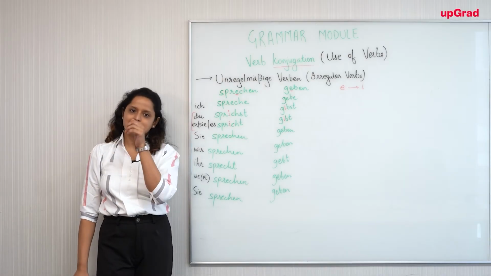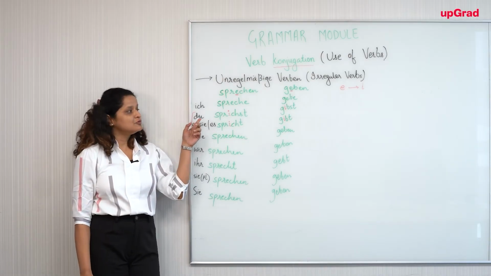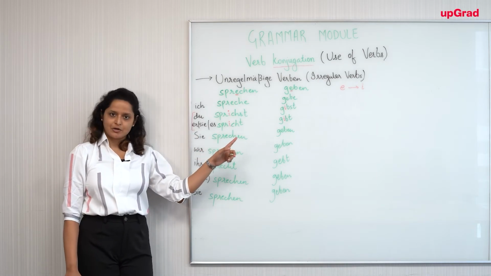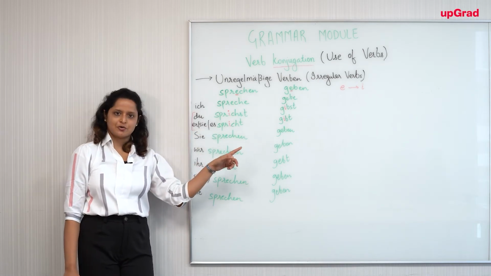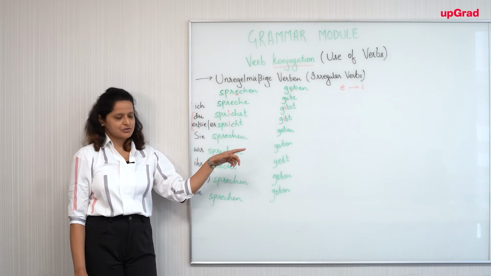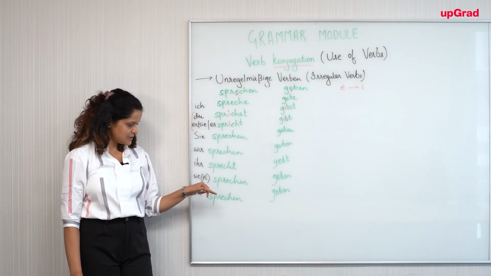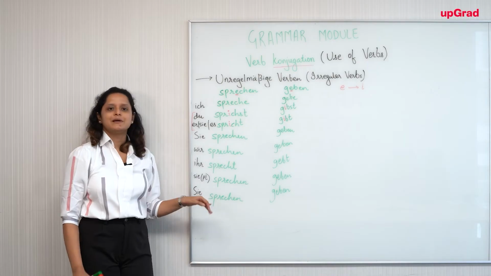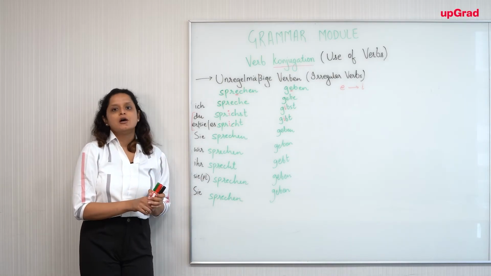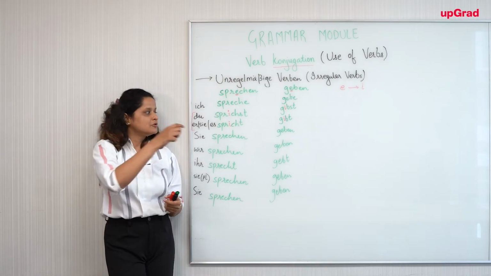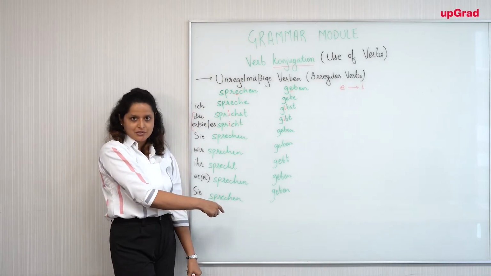If I say that about the second person, then it becomes du sprichst Deutsch. Er spricht Deutsch. Sie spricht Deutsch. Es spricht Deutsch. Sie sprechen Deutsch, wir sprechen Deutsch, ihr sprecht Deutsch, sie sprechen Deutsch. So here, every time you refer to a different person, your word conjugation is changing.